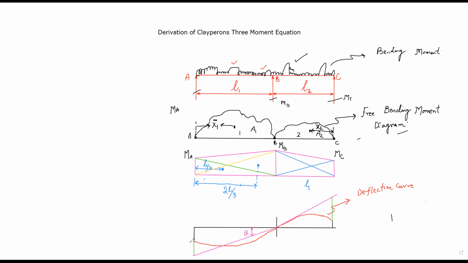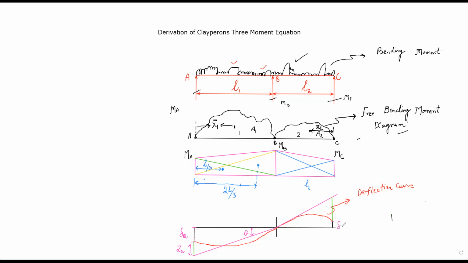Okay. And this deflection, this is the deflection at end A. Let's call this delta A. And this distance from here to here, let's call this small a, ZA. Similarly, let's say this is this much distance.